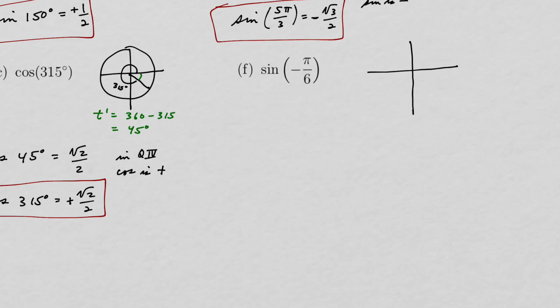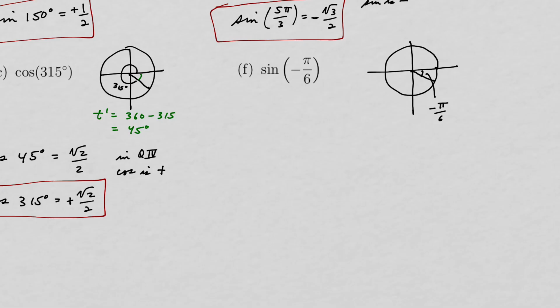So that's going to be in the fourth quadrant. This angle right here would be negative pi over 6. Now, if you think about it, that pi over 6 itself must be the reference angle, right? Because that's the angle that it makes with the closest x-axis.